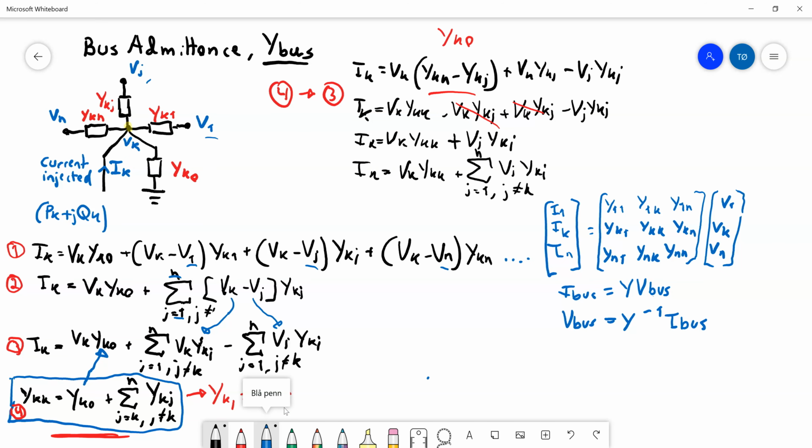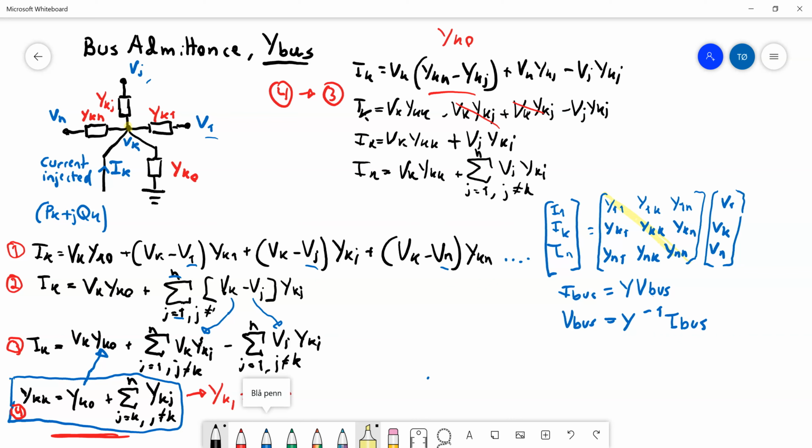So to sum it up, we can say that YKK is the sum of all Y's connected to the node K, the self admittance, and the YKJ is the negative of the Y of the line connecting nodes K and J. The matrix is also symmetric along the diagonal.